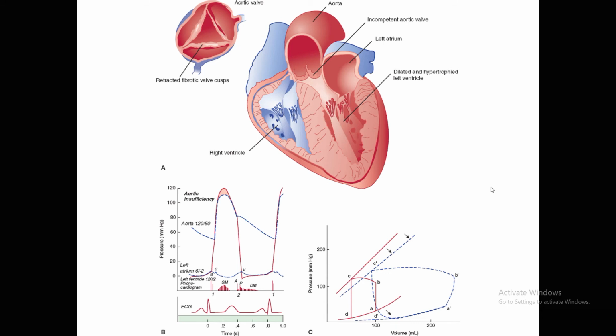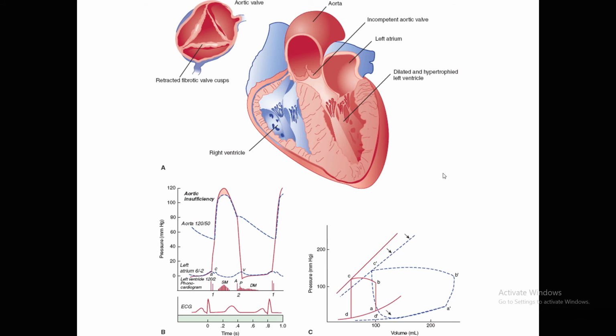The overload is followed by a compensatory hypertrophy. However, this hypertrophy is eccentric due to the increased filling, the increased volume load of the left ventricle. Eccentric hypertrophy, not concentric as observed in stenosis.